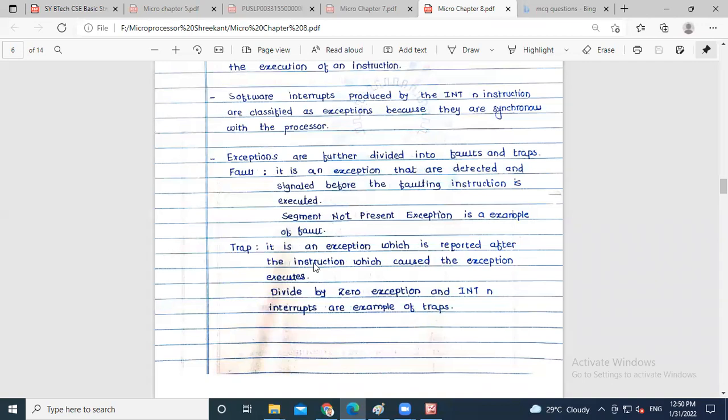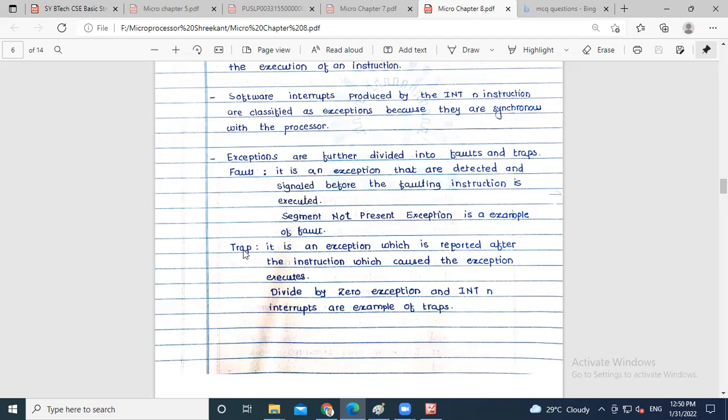A trap is an exception which is reported after the instruction which caused the exception executes. Divide by zero exception and INT interrupts are examples of traps.